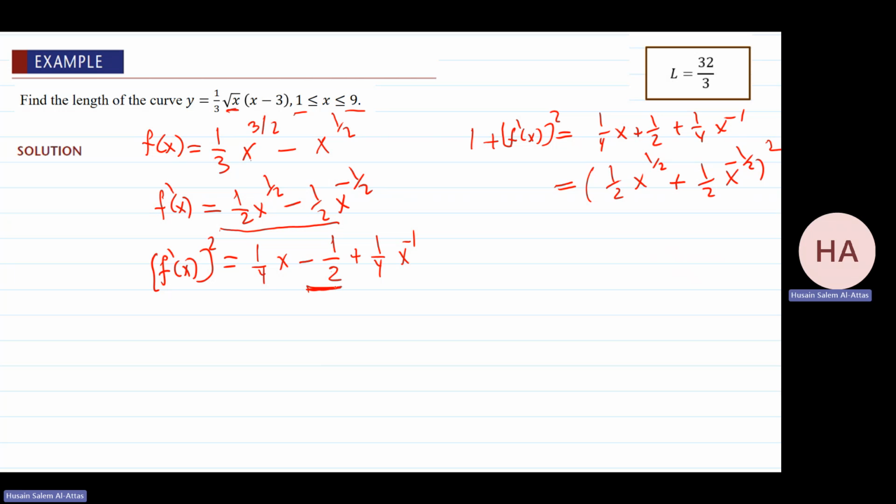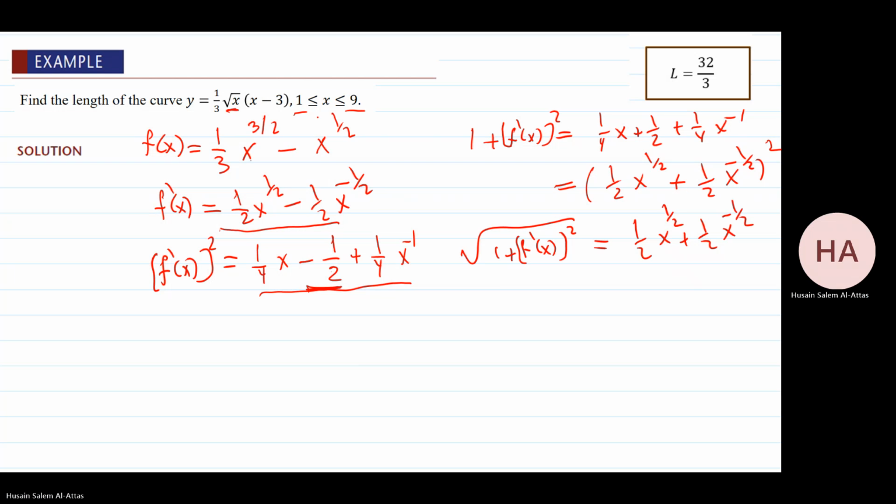Since this one is the complete square with the minus, now with the plus. That's the catch. So square root of 1 plus f prime square, the square root will kill the square. So that will be half x to the power half plus half x to the power minus half. And that is always positive, since I have 1.